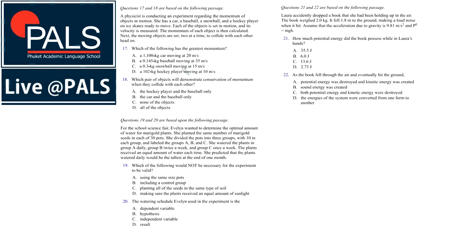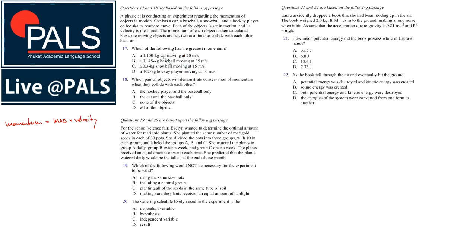So first of all, we need to know how to calculate momentum. Momentum is equal to mass times velocity. So the greatest momentum, this is the mass, kilograms, and velocity in meters per second.